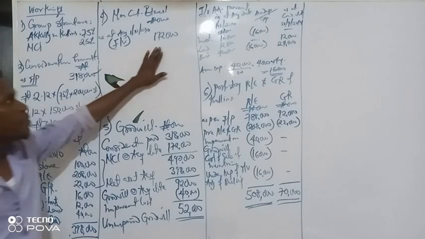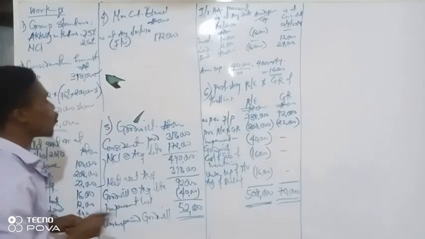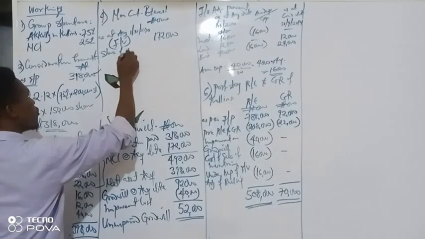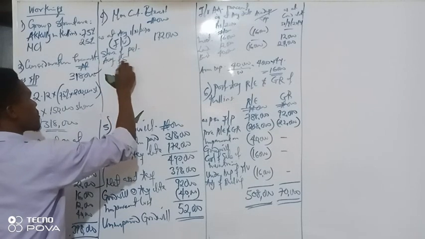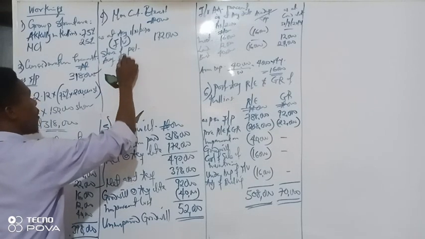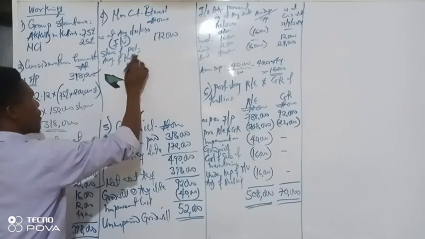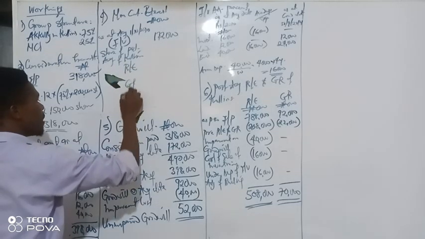So in view of that, before we go far, let's quickly give NCI his own share of post-acquisition retained earnings of the subsidiary, college. Don't forget we are sharing 2 things: retained earnings and general reserve.